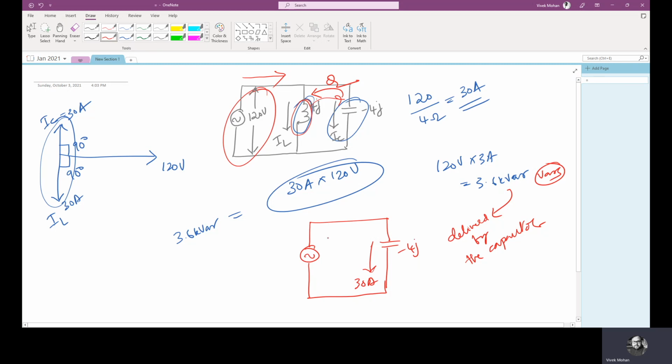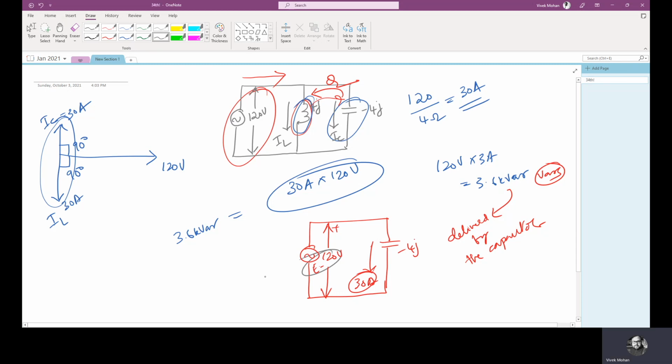Now this E is again 120 volts. Then the capacitor is now alone, connected to the terminals of the AC generator. It still carries a current of 30 amps, which leads the voltage E by 90 degrees in the phasor diagram.